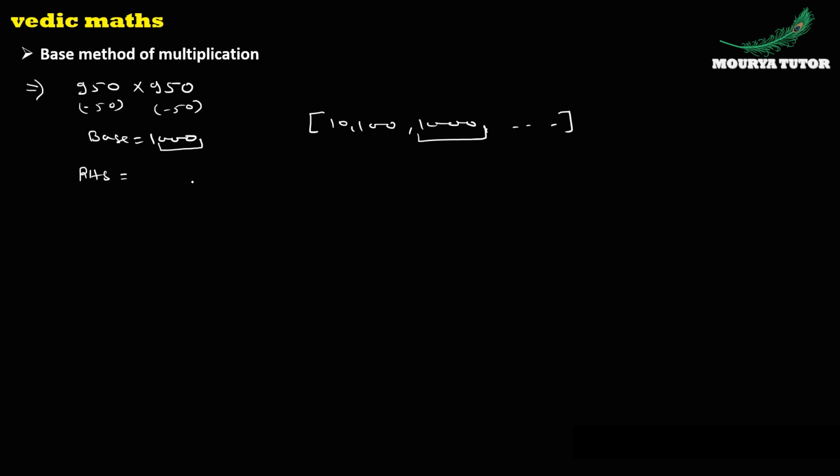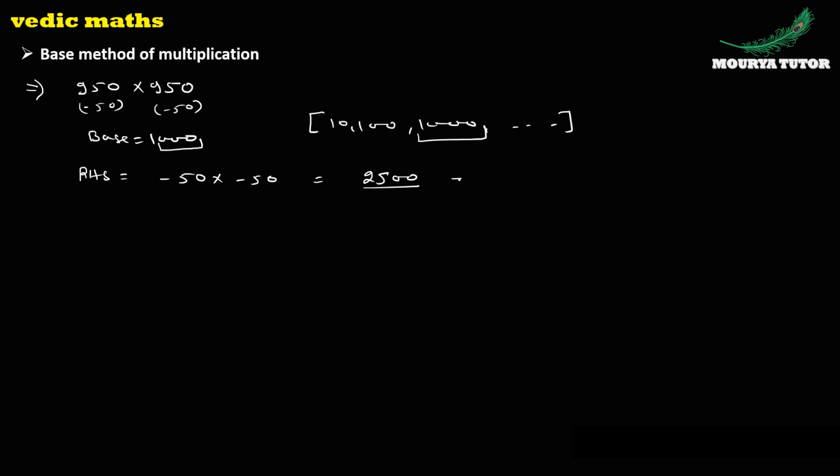In order to find out the RHS, you need to multiply the differences, minus minus plus, and after multiplying you will get 2500. See, in the RHS part there are 4 digits, but we need to have 3 digits only.